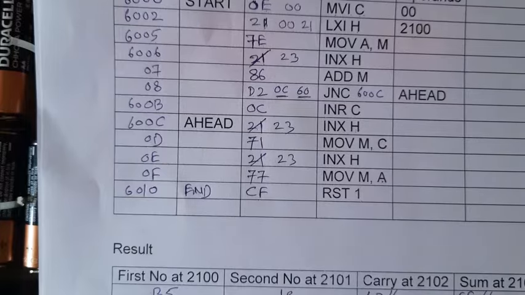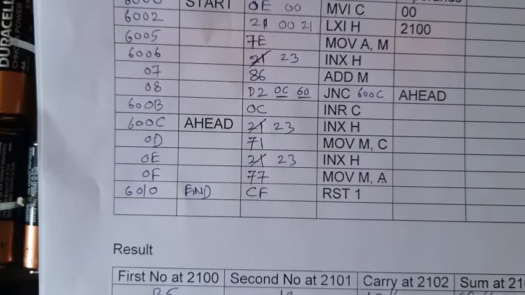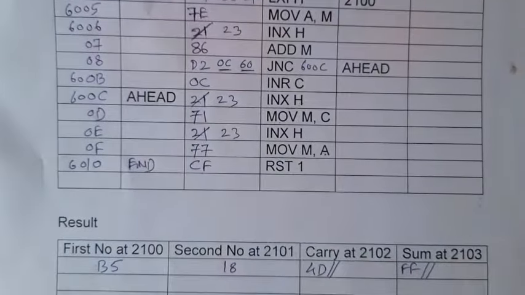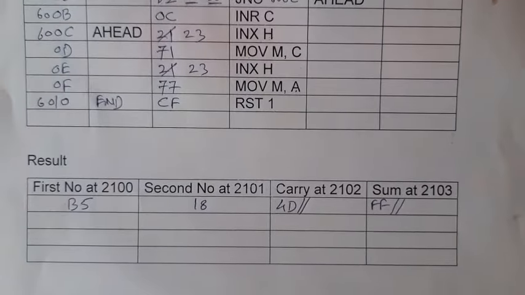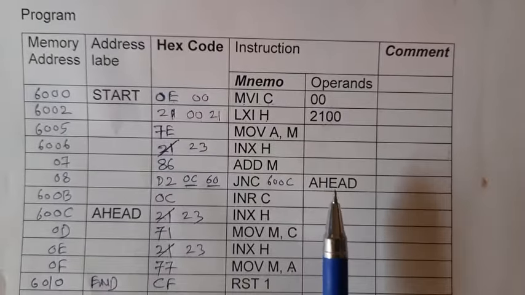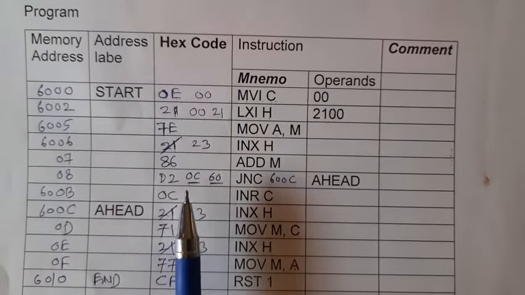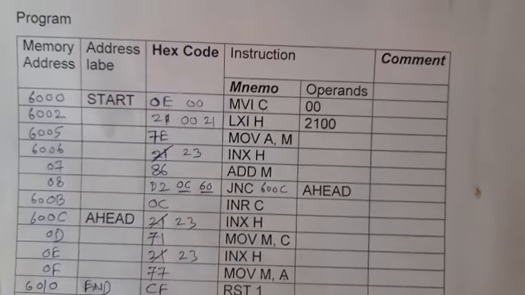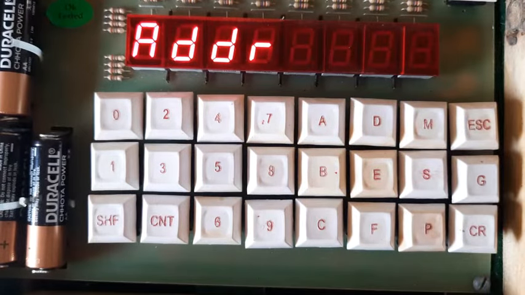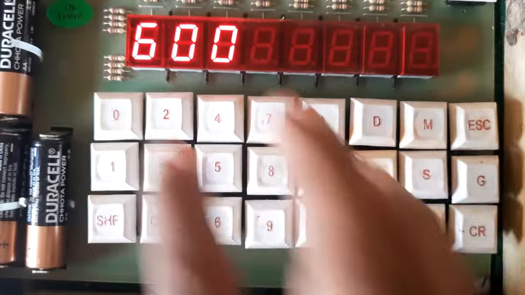Now, purposely I have made this mistake, because when the program is not executed properly, you find that something is wrong. Then what you will have to do? Check the logic, check the hex code, and then check the memory addresses. Therefore, I will have to substitute the proper data at 6006.